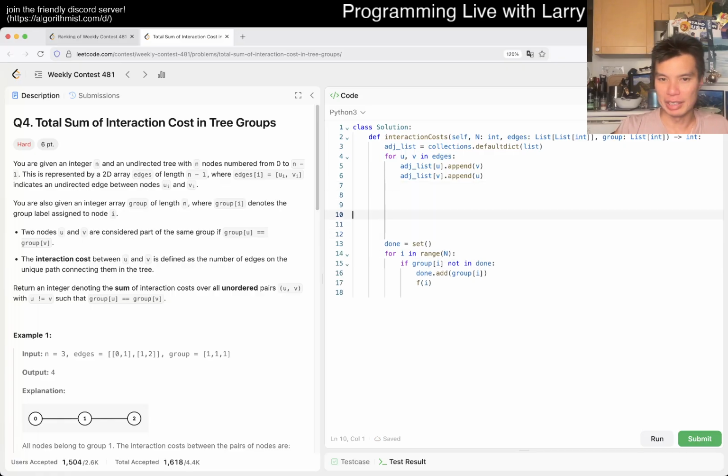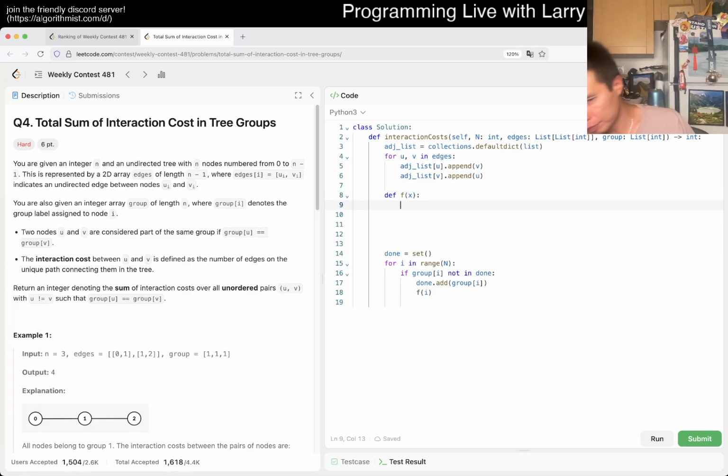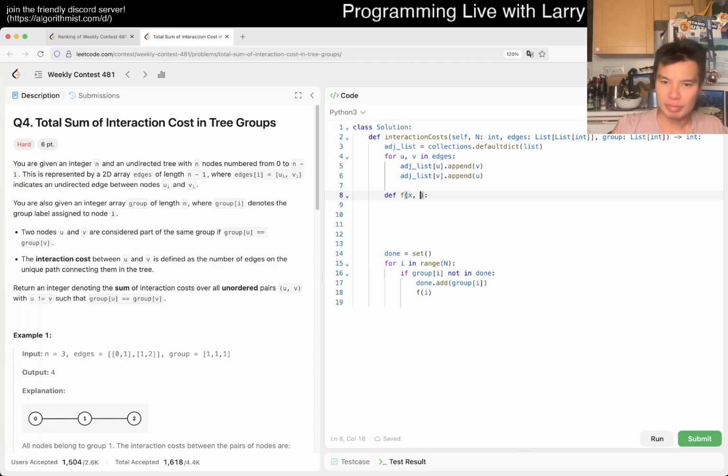And then we just root it at f, right? Alright, let's actually write it out, and maybe the group ID, maybe that's fine, right? Easy to pass along anyway.